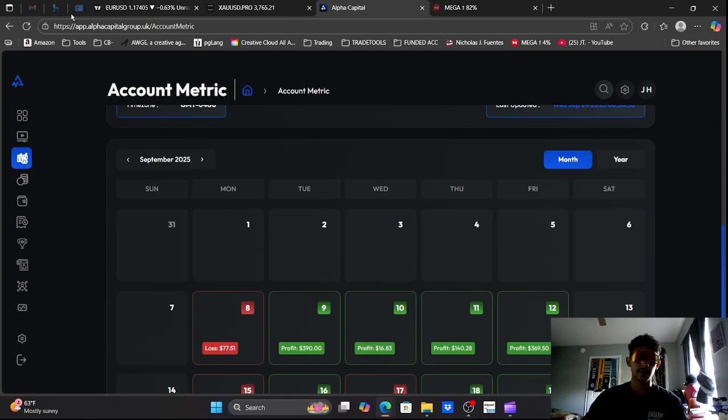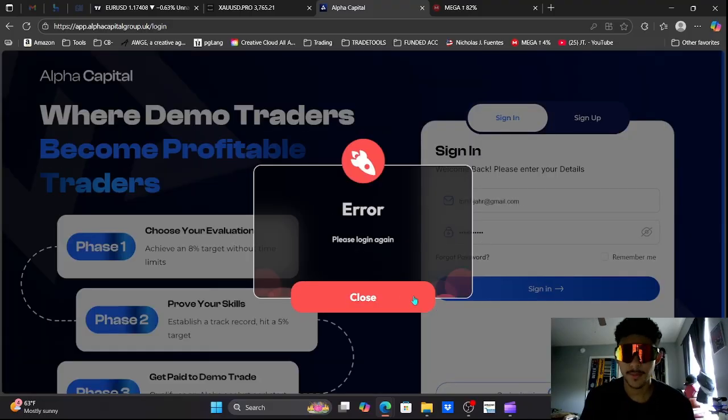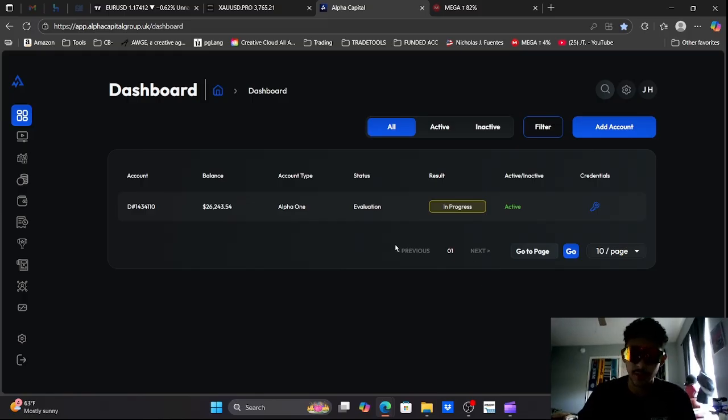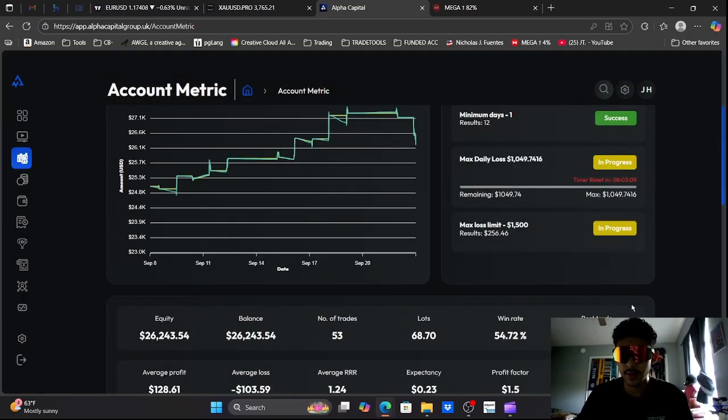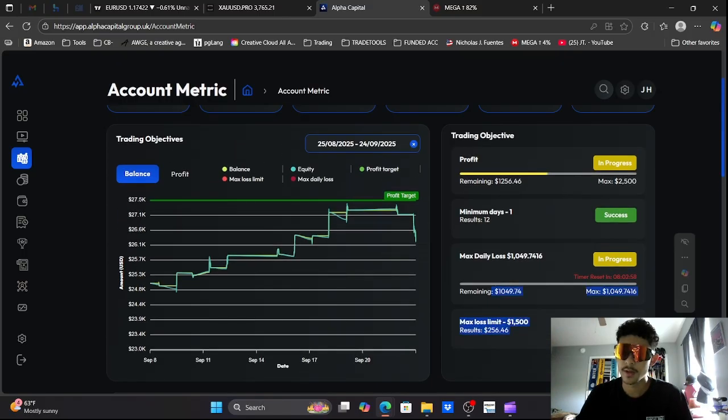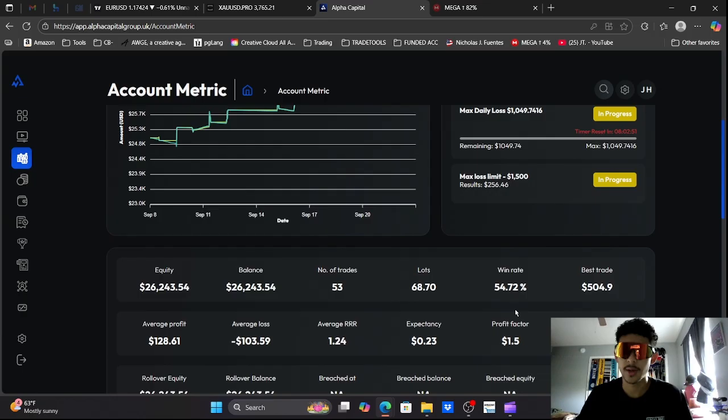Let's see how much margin we have left to work with, because there is a max loss limit. Okay, so I can only lose $1,000. Pretty much $1,000.